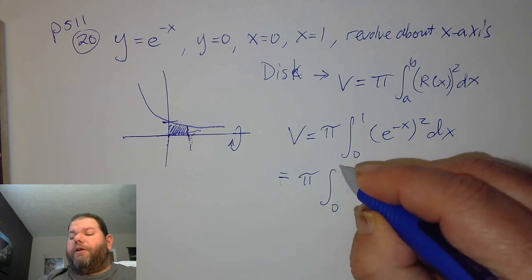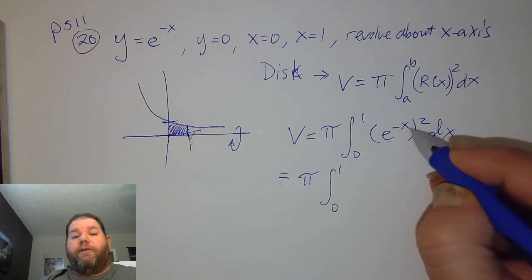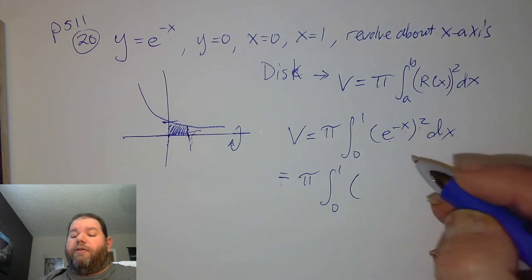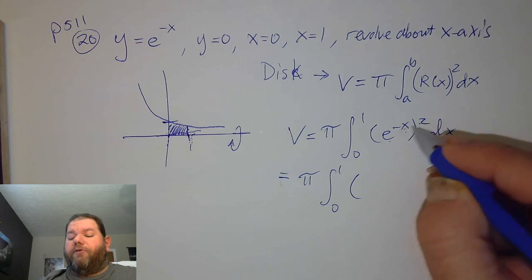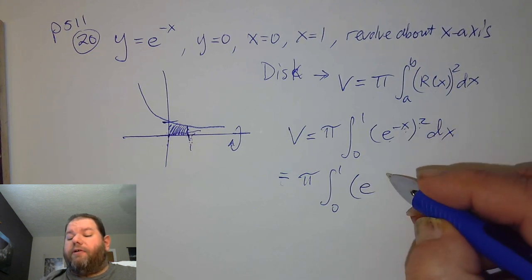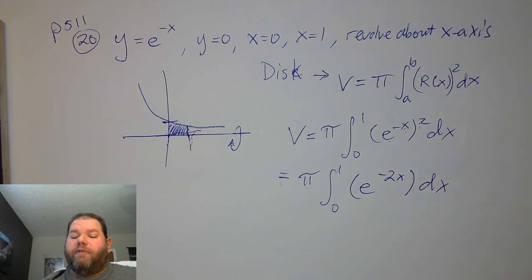Now, before we integrate, we need to resolve e raised to a power raised to another power. And the trick there is that if we have a power raised to another power, we just multiply those two things together. So it's actually e to the negative 2x that we'll be integrating.